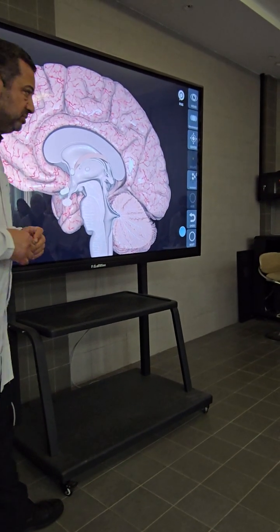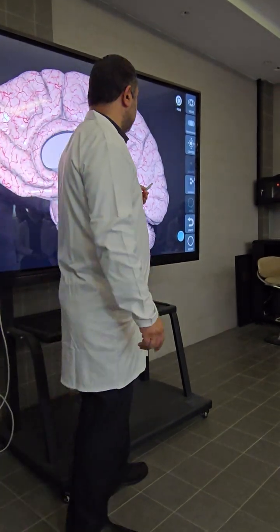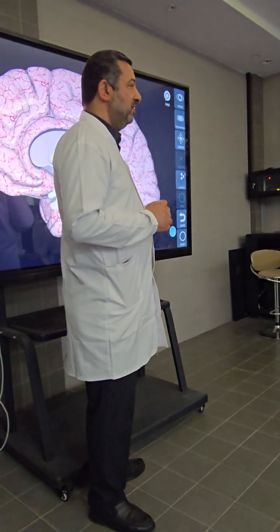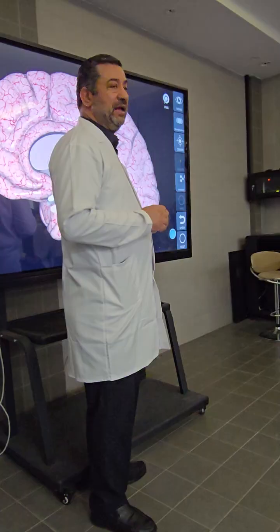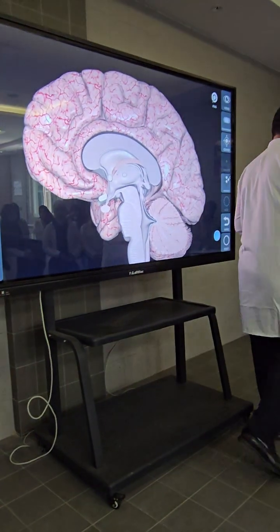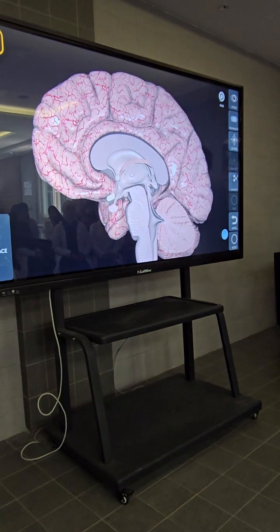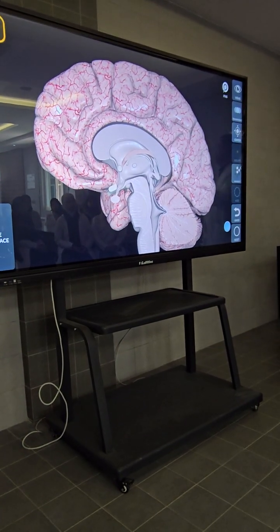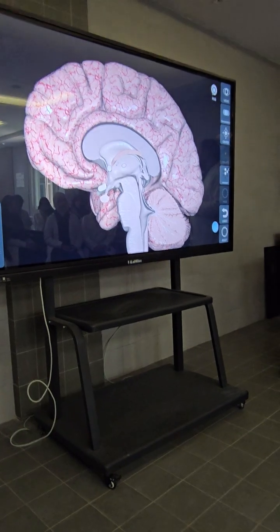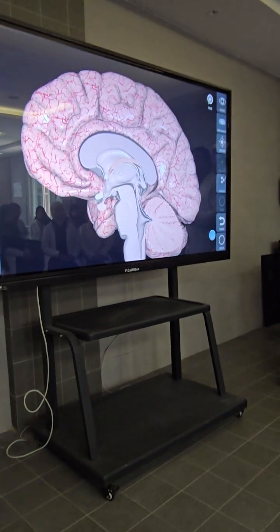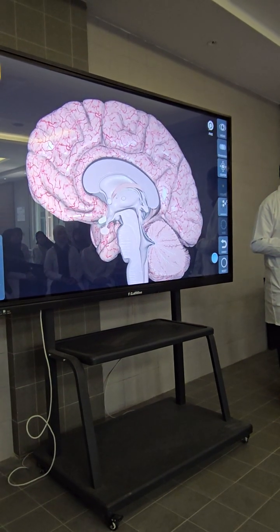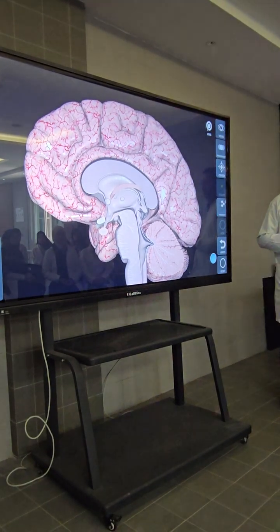Superior and inferior to the calcarine sulcus, there is Brodmann's area number 17, or primary visual area. On each side of it, there are regions 18 and 19, the visual association area, or secondary visual regions.